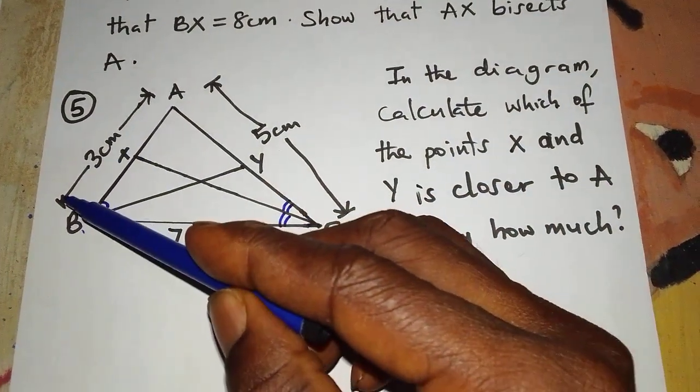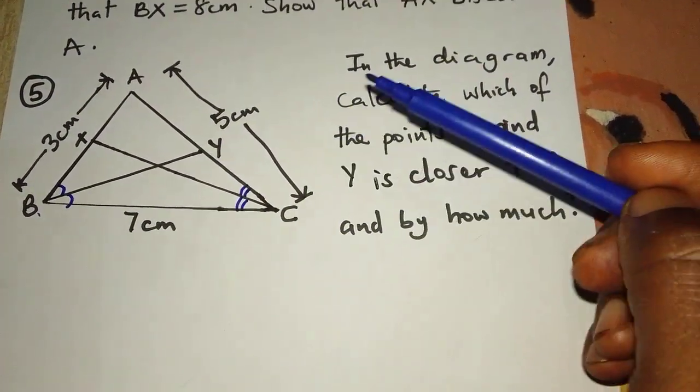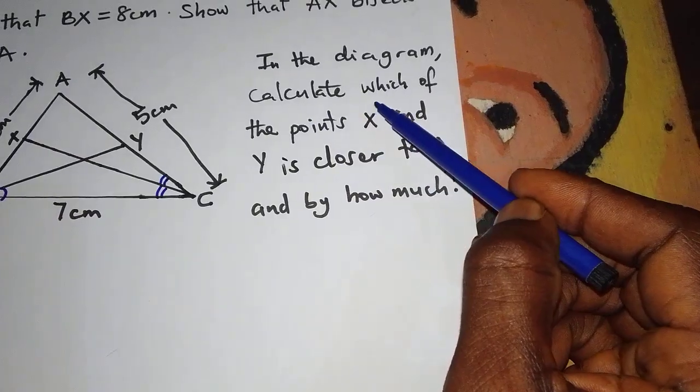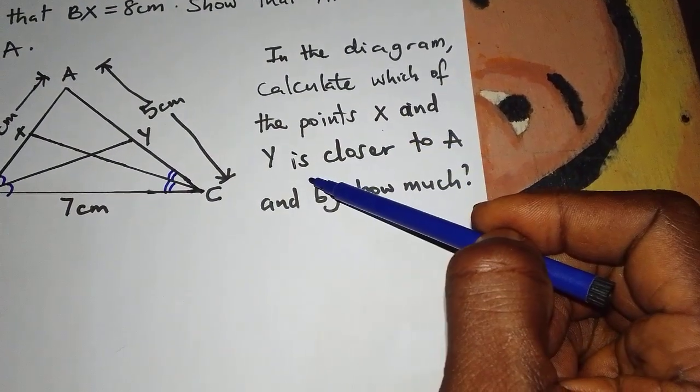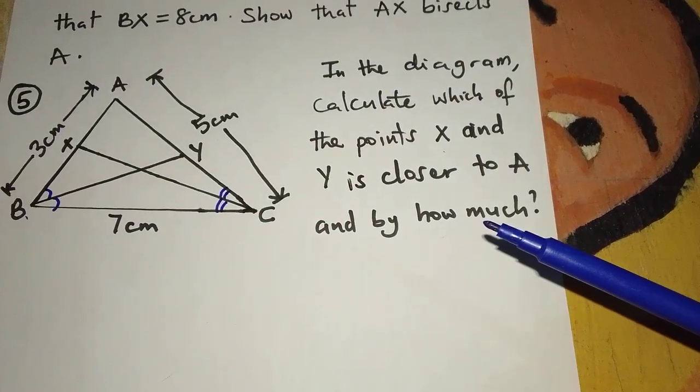So they say this is 3 cm, this side is 7 cm, and this is 5 cm. In the diagram, calculate which of the points X and Y is closer to A and by how much.